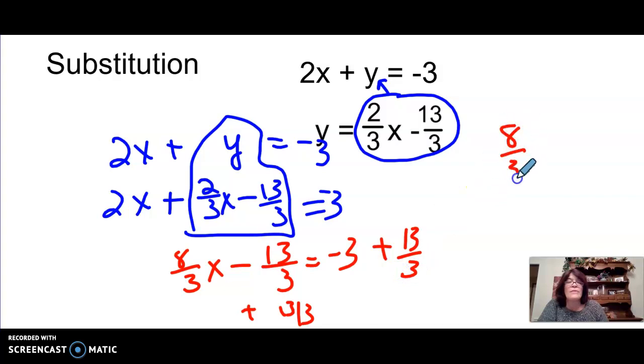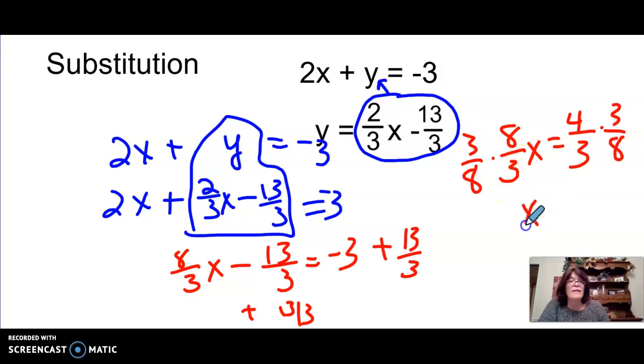So I get 8/3 x equals, what's that, negative 9/3 plus 13/3, that'll be 4/3. I'm taking negative 3 as negative 9/3. Negative 9 plus 13 is 4. I'm going to multiply by 3/8 to get rid of that. And look what we get: 4/8, or a half.